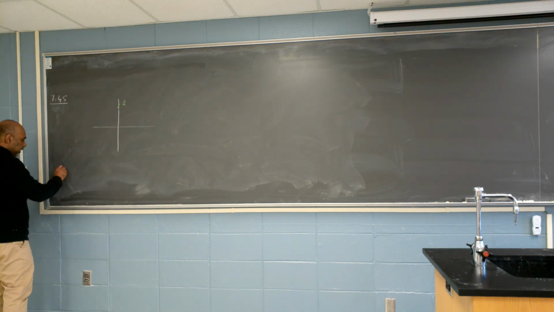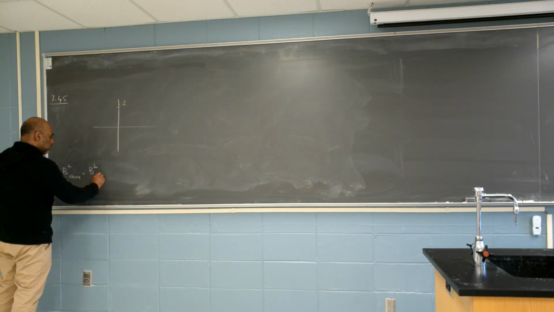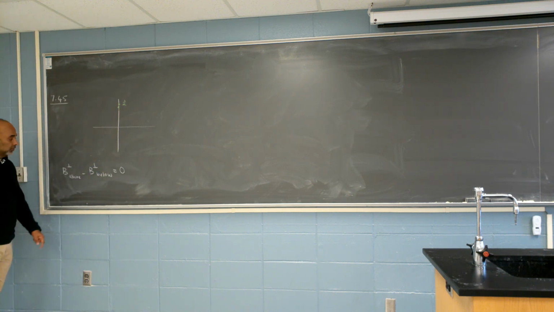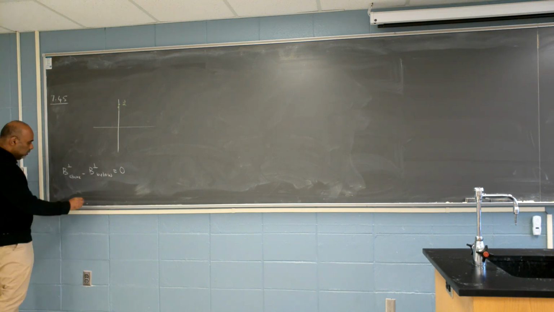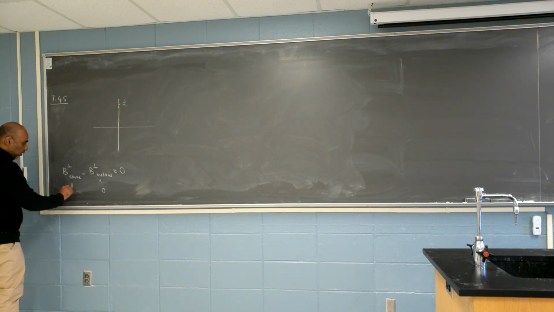It's really M, but as I mentioned, it might induce a virtual dipole, and we want to call that M2. So B normal above minus B normal below is zero because divergence of B is zero, and inside a superconductor, this is zero. Therefore, this also has to be zero.